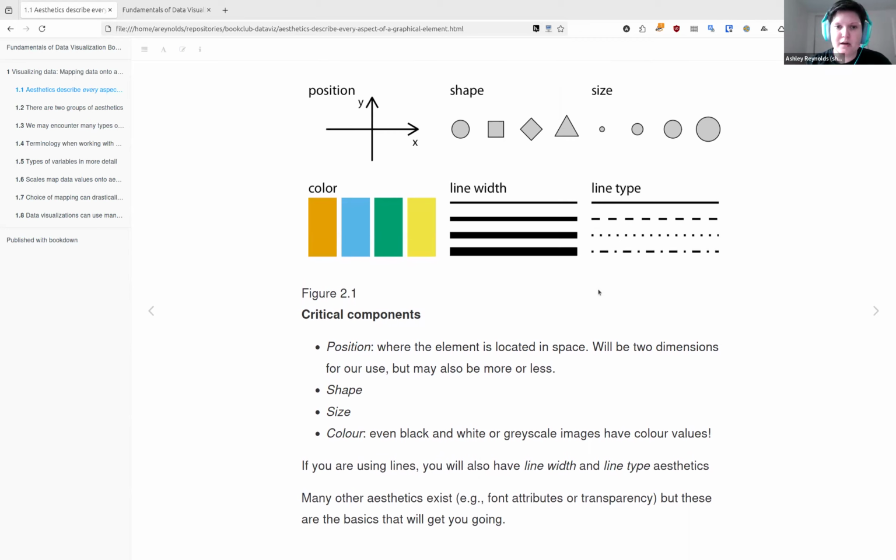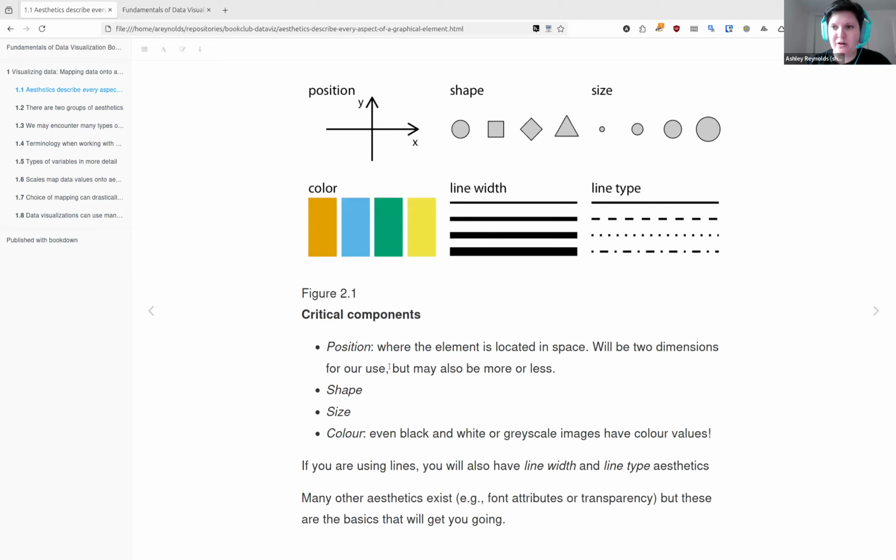book. And what the author says is that the critical components that you'll have in pretty much every plot are going to be position. So this is where that element is located in space. For all of the visualizations that we're going to be talking about, these will be two dimensions. So you'll have an X position and a Y position, but you can have visualizations where there's one dimension, three dimensions.